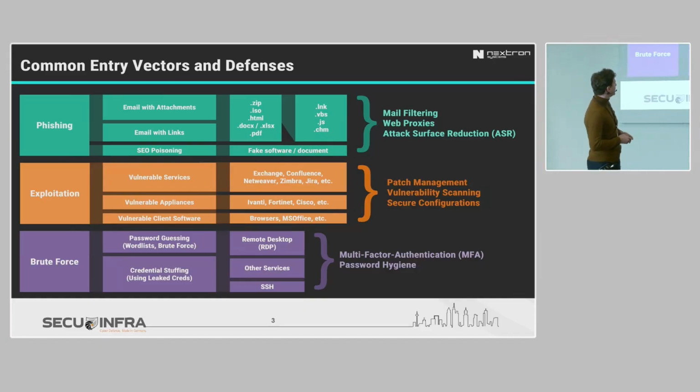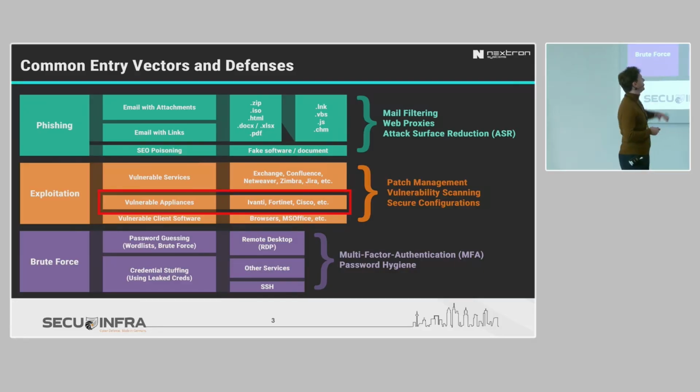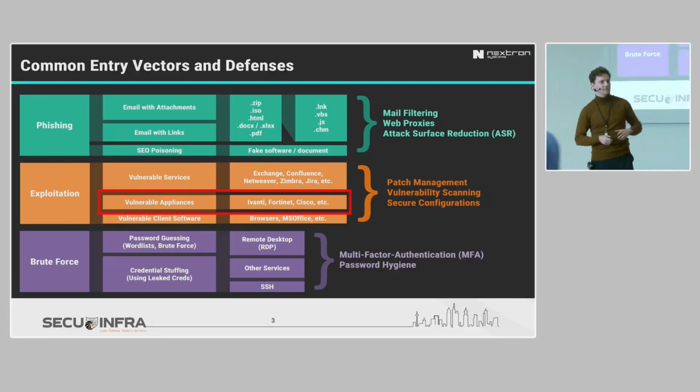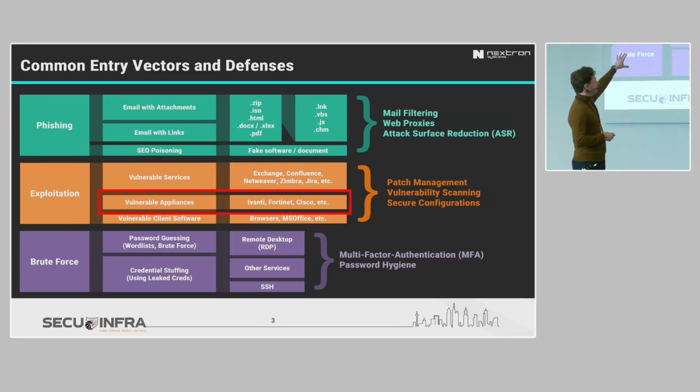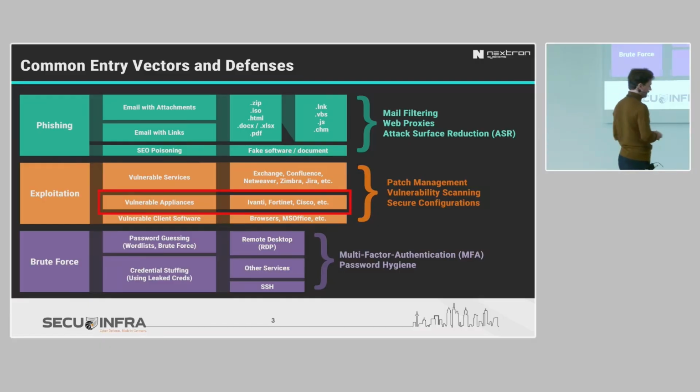But we are now targeting the middle box, the exploitation. And to be precise, we're targeting the vulnerable appliances like Ivanti, Fortinet, Cisco, and stuff like that. There are also some other names. We're going to talk about them in a second. But this is the focus of our talk today. So how can you get, as a threat actor, initial access via a vulnerable appliance?